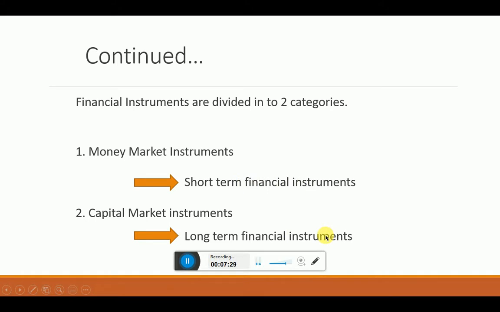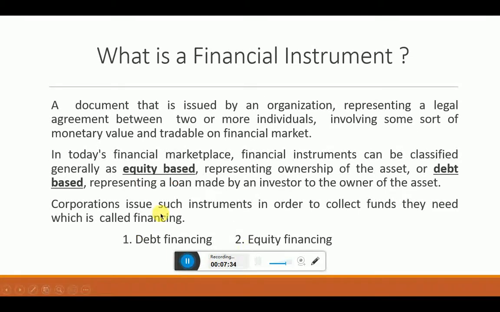Based on the base, or we can say purpose, you can divide them into debt-based and equity-based. From organizations' financing perspective, we can divide them into debt financing and equity financing. So basically, these are different names given from different perspectives to the same thing, which is the financial security that we have been discussing. Hope it's clear.